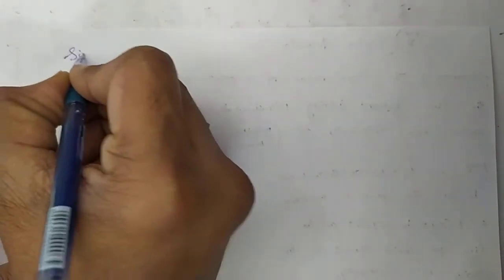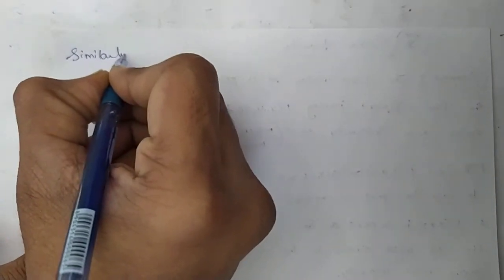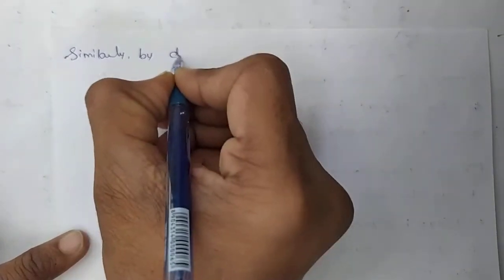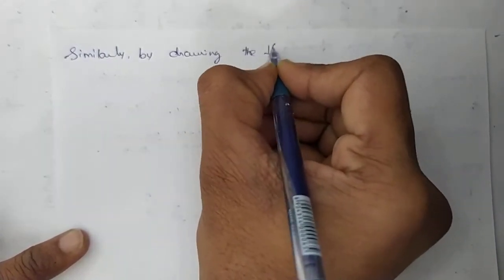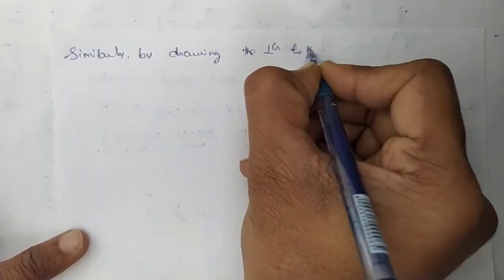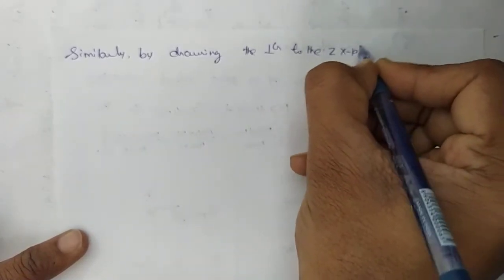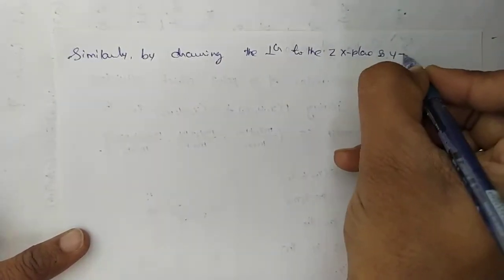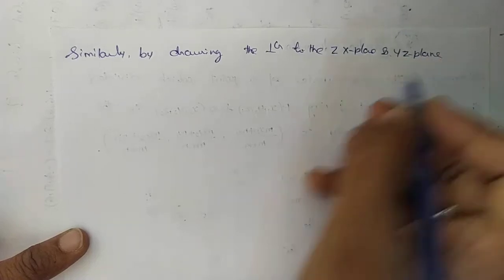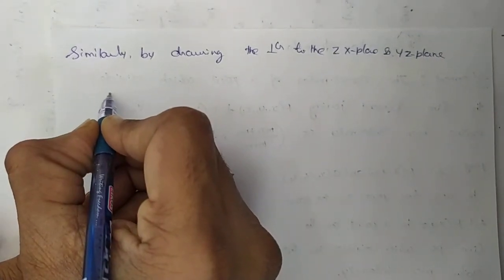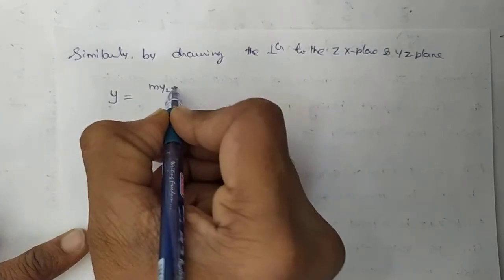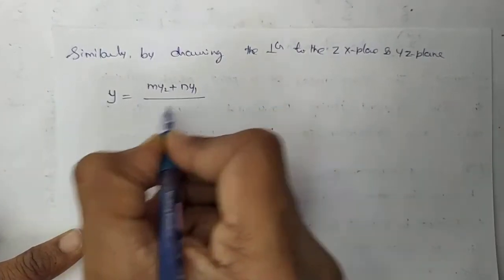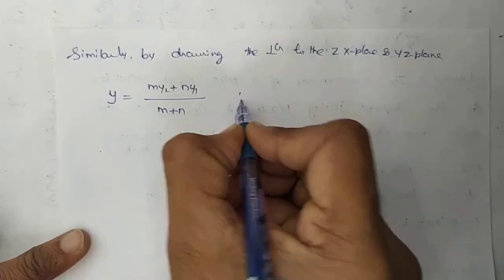So similarly, by drawing the perpendiculars to the zx plane and yz plane, we will get the x coordinate and y coordinate. Y coordinate will be my2 plus ny1 divided by m plus n.